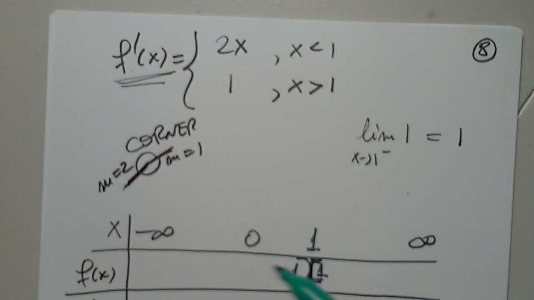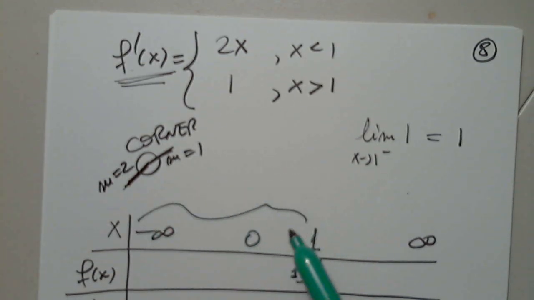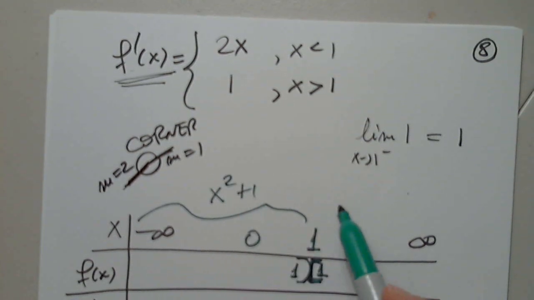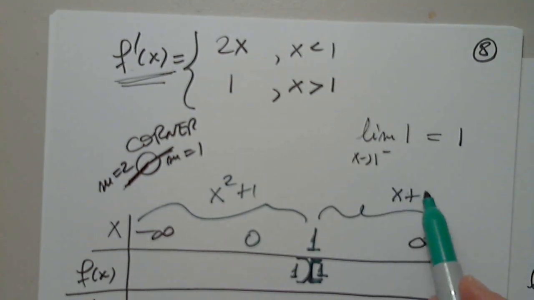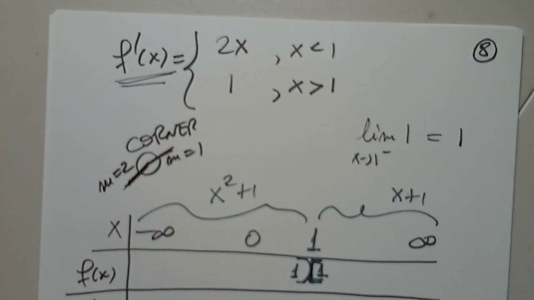On the left-hand side, when we plug in, remember this uses x squared plus 1, and this uses x plus 1. For the derivative, this will be using 2x, and this will be using 1 for the derivative. Okay, so when I plug in 0, I get 1.